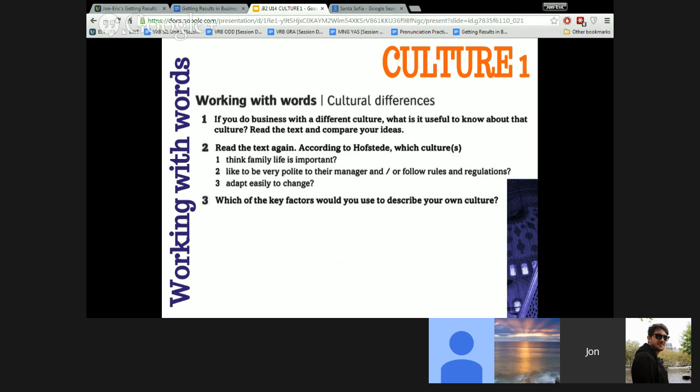It is quite hierarchical. Hierarchical. Good. And yes, it is a bit cautious. A bit cautious. So it's hierarchical and cautious. And in what way is it hierarchical and cautious?